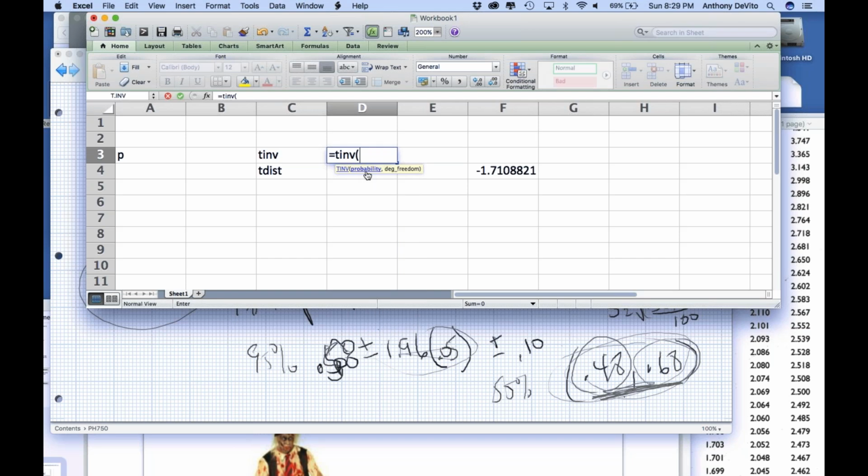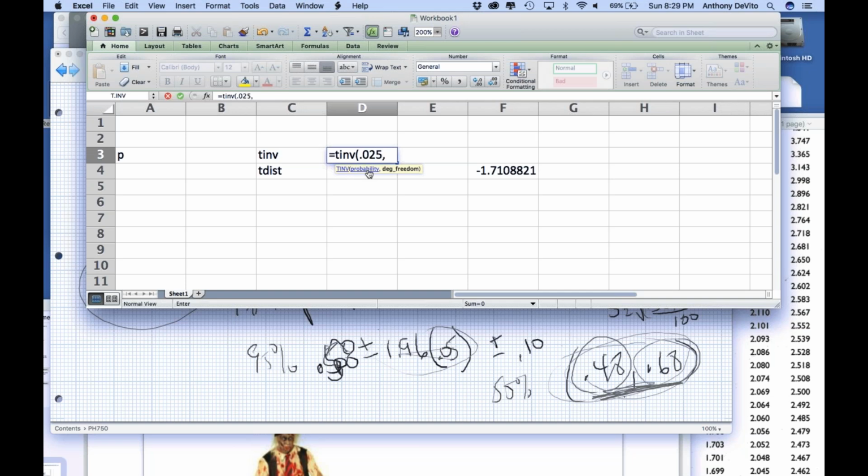What is that p-value? Well, for a 95% confidence interval, we're willing to accept up to a 5% chance of being wrong. Okay, the only problem here is that this p-value, just like that table, represents only one tail where you could be wrong, the upper tail, for instance, the upper 2.5%. So in other words, if I want a 95% confidence interval, instead of putting 0.05 in here, I'm going to put in 0.025.